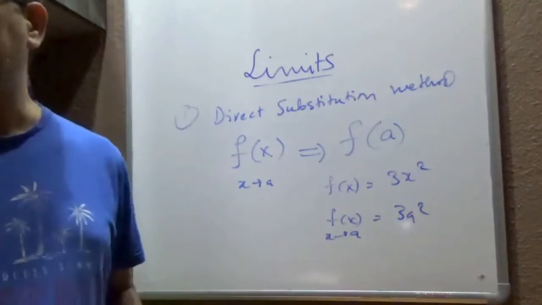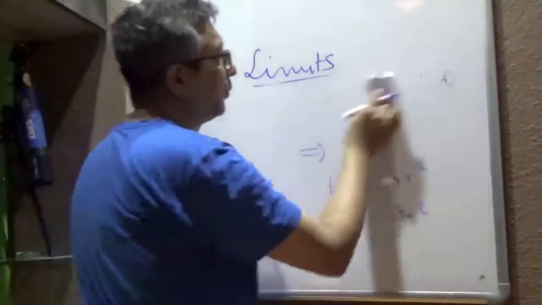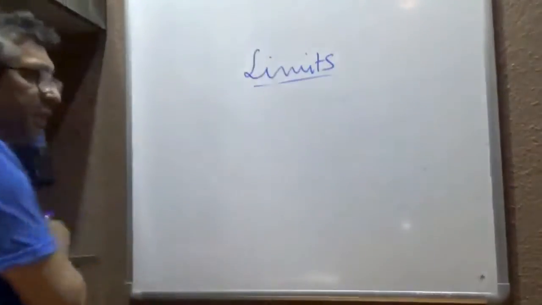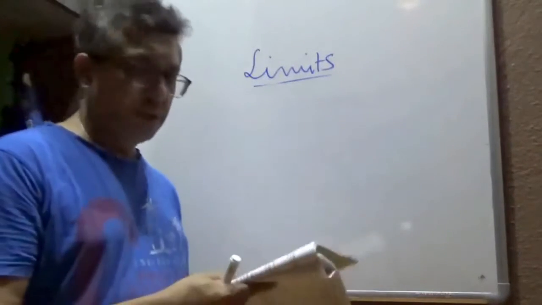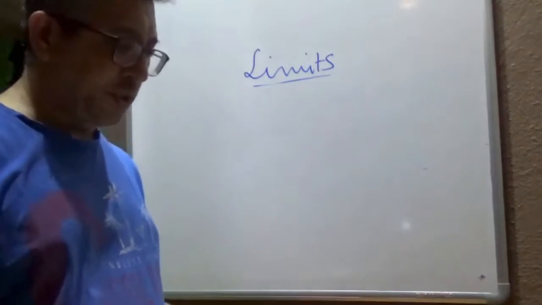And then there are different things that you can do while doing the direct substitution. I will not get into the details of all of them. This you can already see from the book.